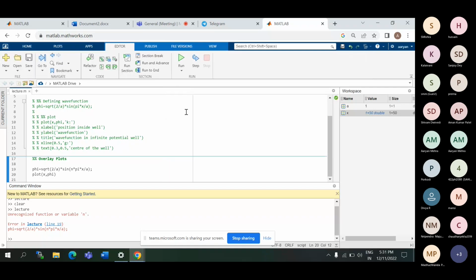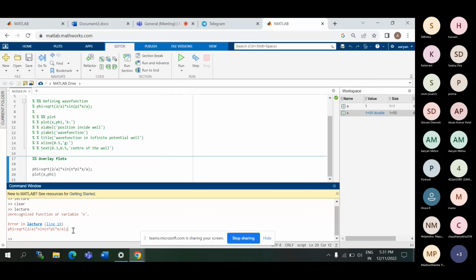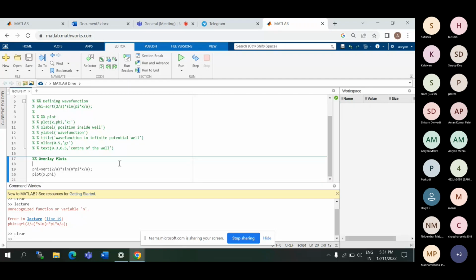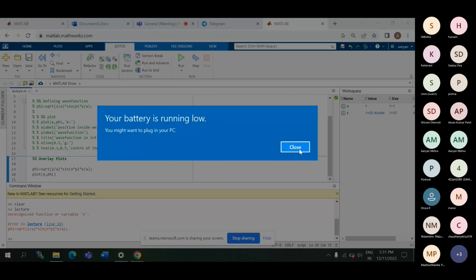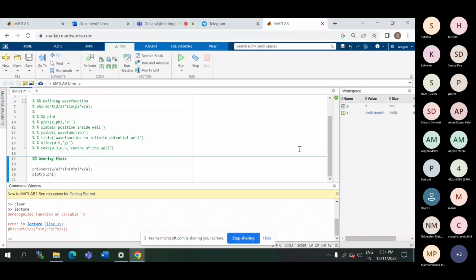Whenever I do something, it automatically gets stored in MATLAB. So if I want to clear this, I just need to write clear and press enter. So you see here my a and x are both gone. Now if I run, they both will appear again. See, a came and x came. You all can see.